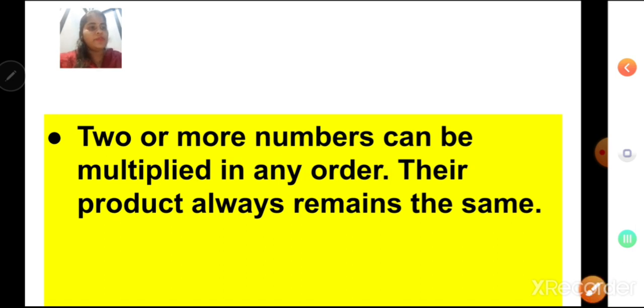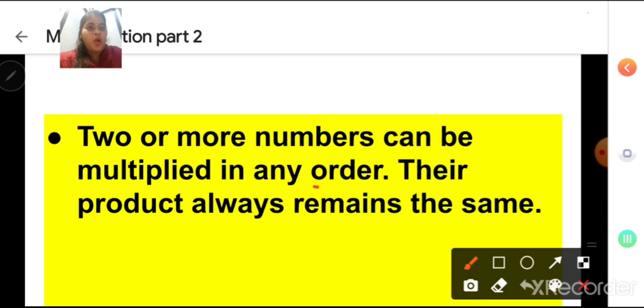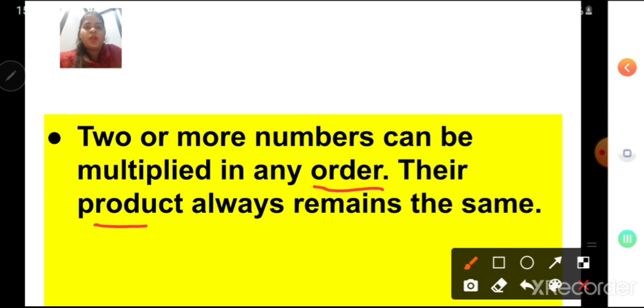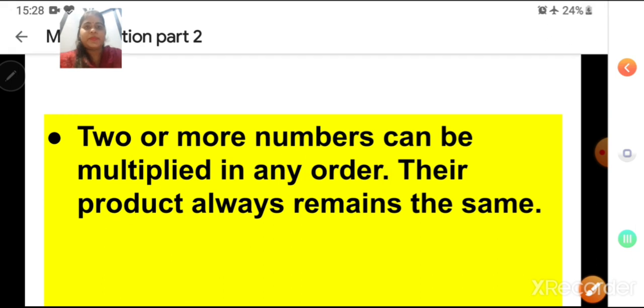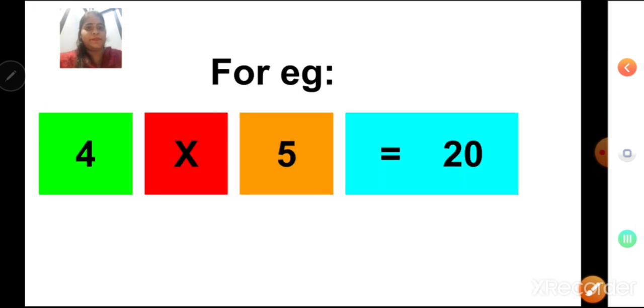Now children, see here, order and product. What does this multiplication fact mean? Let me first show you an example. Now 4 into 5 is equal to 20, right? 4 fives is 20.